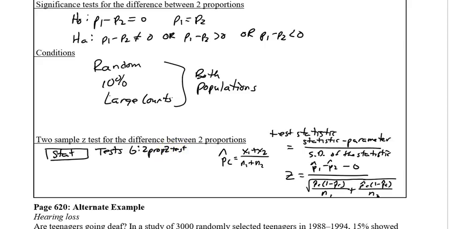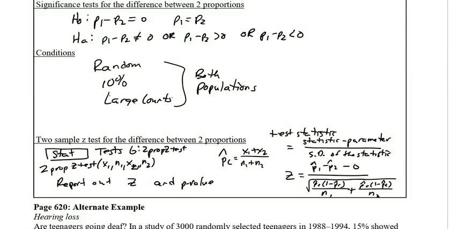Put it on your paper like this: 2-PropZTest, and you're going to give them x1, n1, x2, and n2, and you're going to report out your test statistic z and your p-value every time. That's the way I would suggest that you go, because there are lots of chances to make mistakes here. So let's take advantage of the technology while we have it.